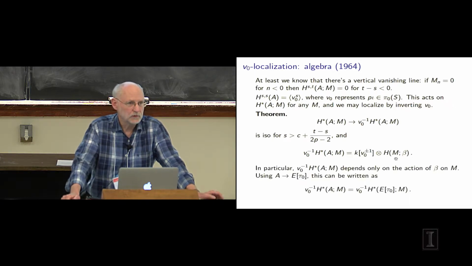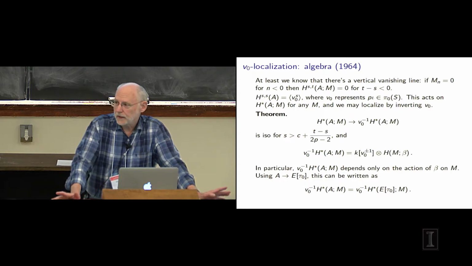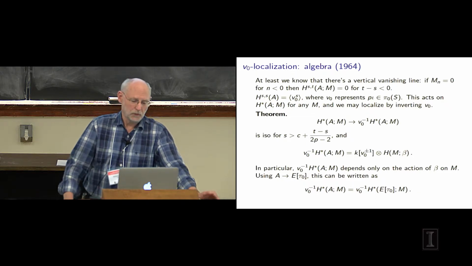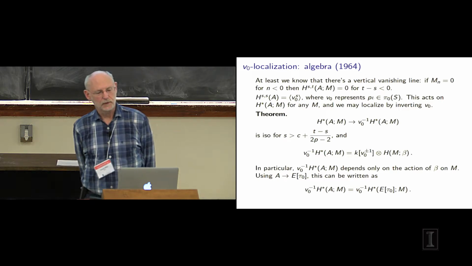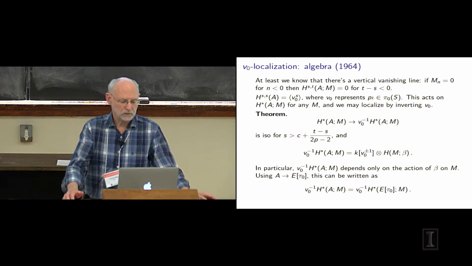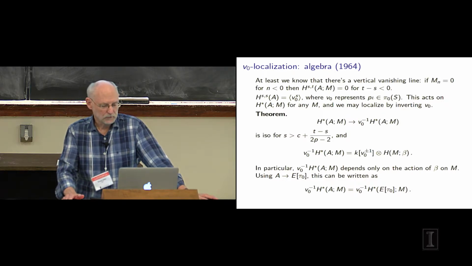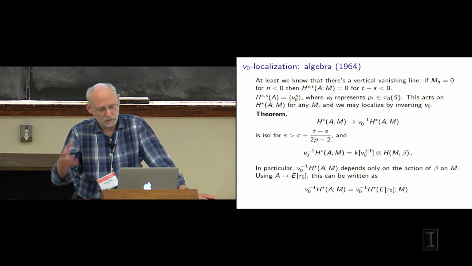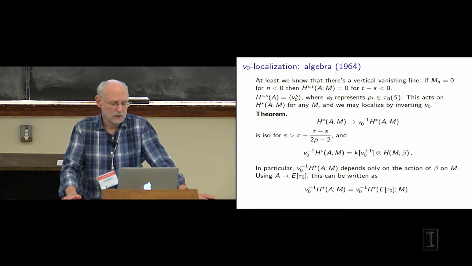Something to notice about this that's interesting is that localized homology depends only on the action of the Bockstein on the module. And another point I want to make, because an analog of this is going to come up later, is that you can re-express this statement about the homology with respect to the Bockstein in terms of a statement about the cohomology of this exterior algebra generated by the dual of the Bockstein, tau 0 in Milnor's terms.